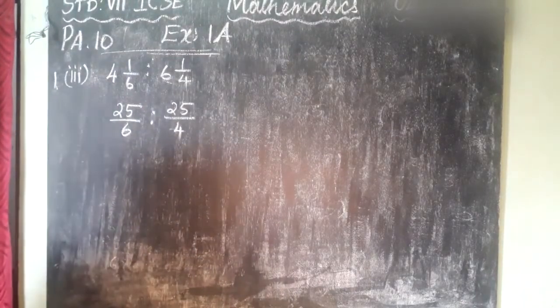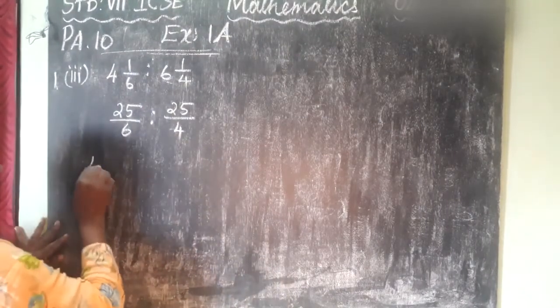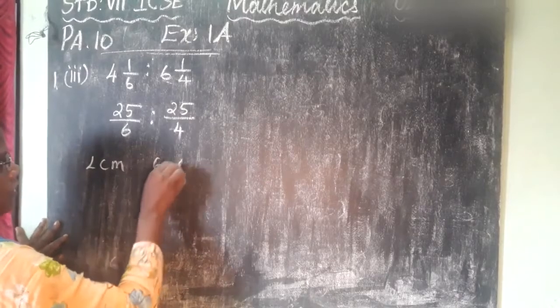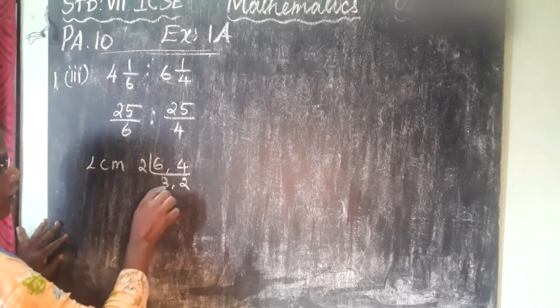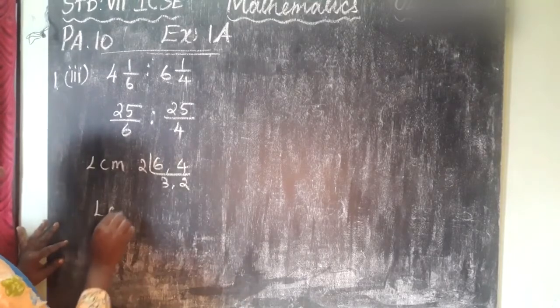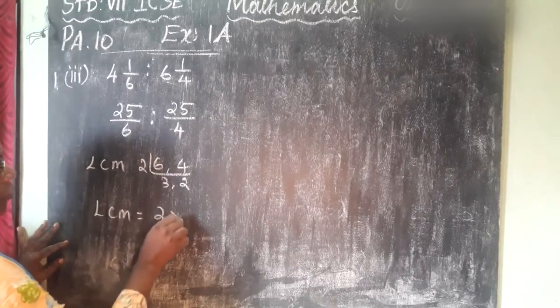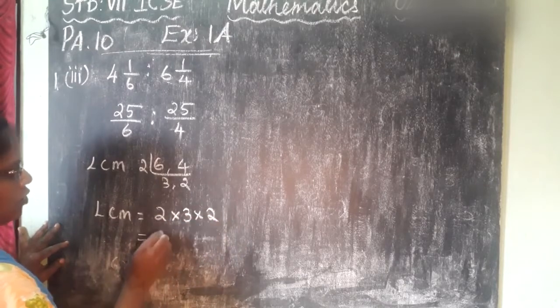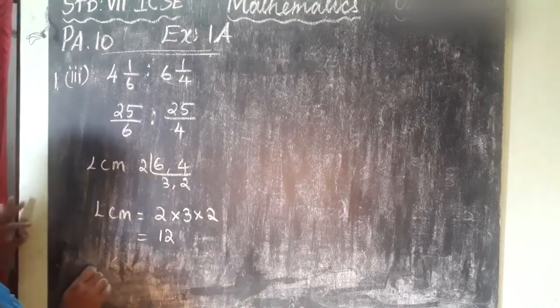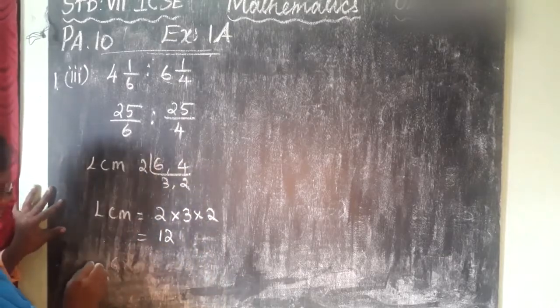Now we must find the LCM for the denominators. So LCM of 6 and 4, divide by 2. 2 3s are 6, 2 2s are 4. Now we don't have any common between 3 and 2. So LCM is equal to 2 into 3 into 2, that is 2 3s are 6, 6 2s are 12. Okay. Now let's convert the denominators to 12.